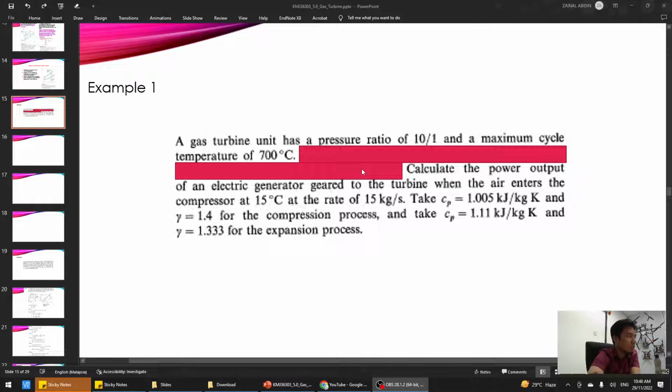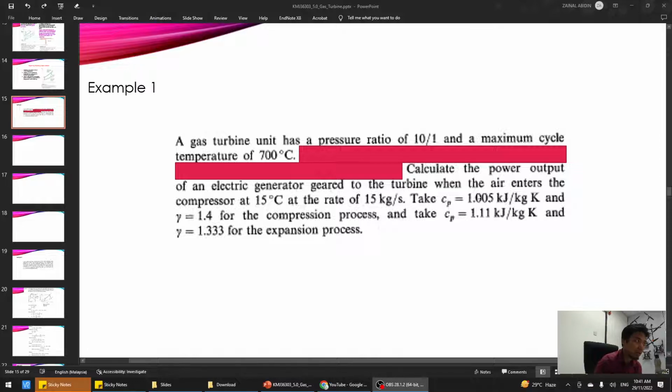This question asks: calculate the power output of the electric generator geared to the turbine when the air enters the compressor at 15 degrees Celsius at the rate of 15 kilograms per second.